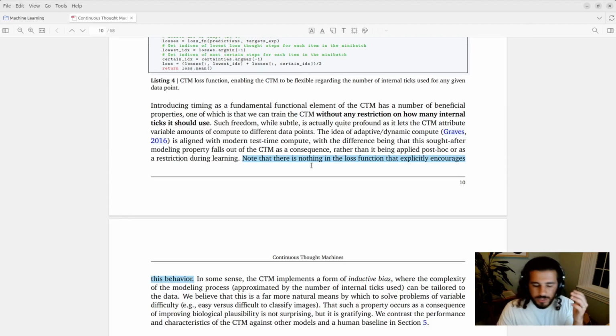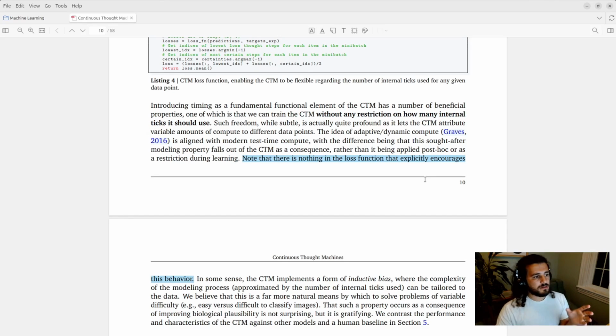And the cool thing that they're mentioning here, I think it's worth noting, especially given the adaptive computing thing that they have going here, is that an emerging property of the setup is that you can train the CTM without any restriction on how many internal ticks it should use, right?